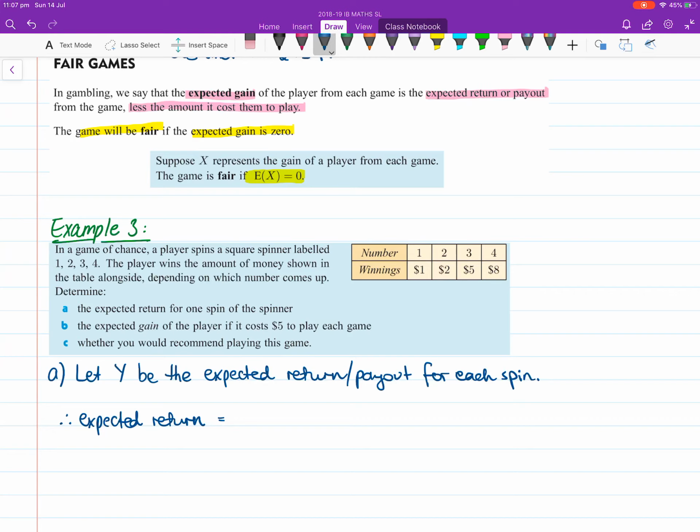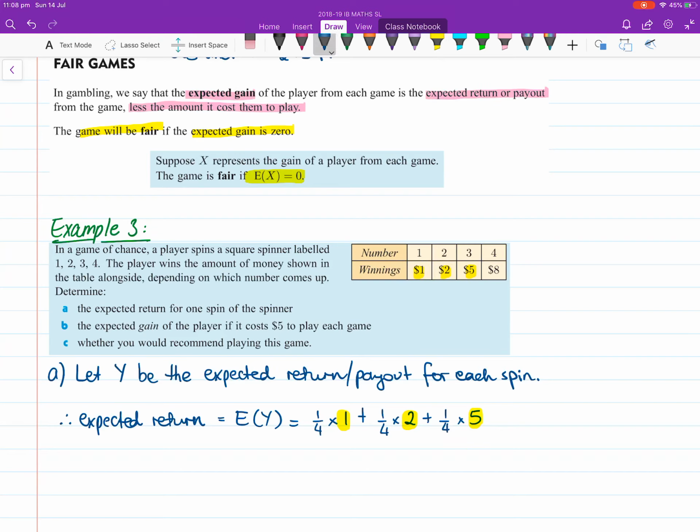would have to be, so now we can say E of capital Y is a quarter of the time you could get a 1, plus a quarter of the time you can get a 2, plus a quarter of the time you could get $5. Sorry, I should have been saying you could win $1, $2, $5.